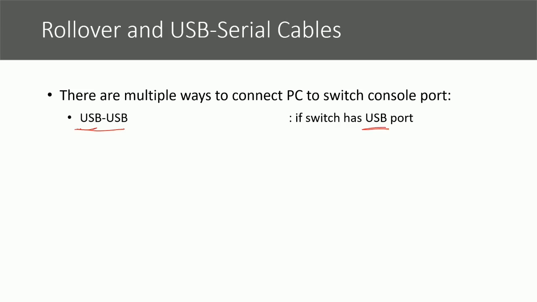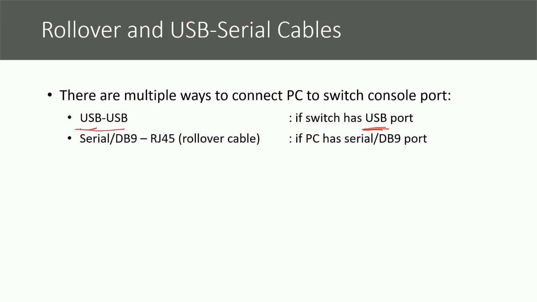But not all switches have USB ports, and many older switches have RJ45 console only, and many other network devices other than switches have RJ45 console only. RJ45 console is still the common interface in many devices from Cisco and non-Cisco vendors.